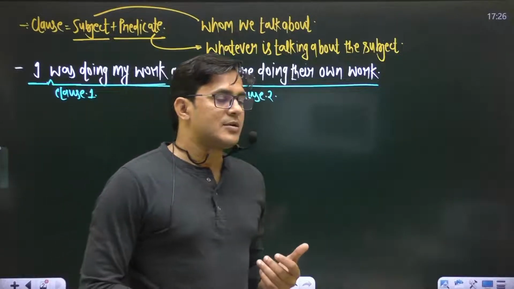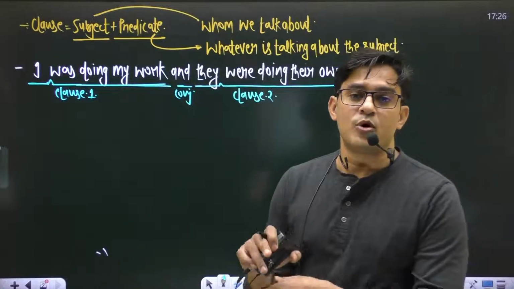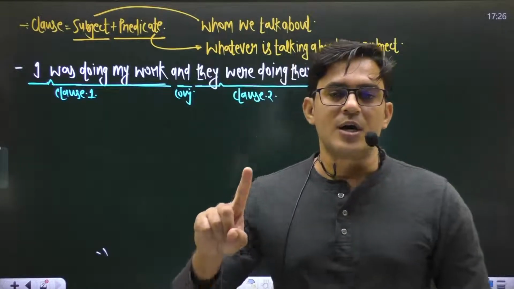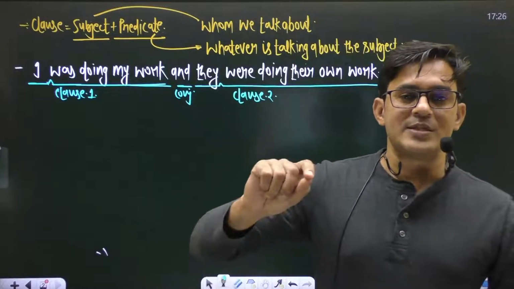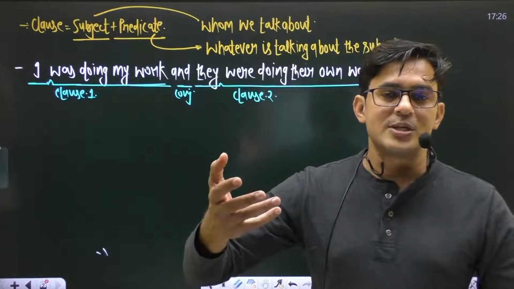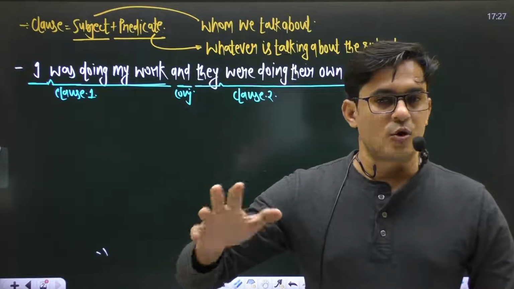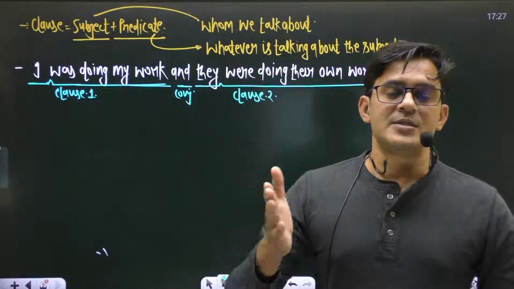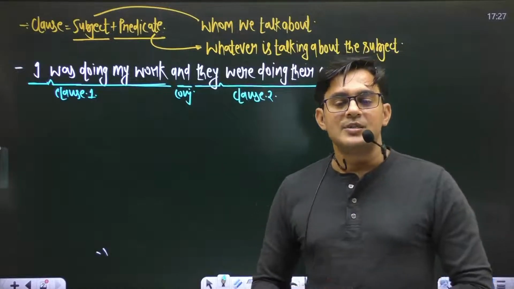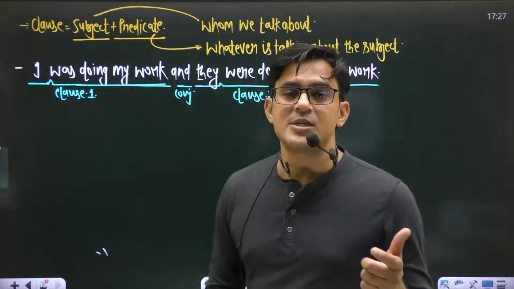So let's discuss now how conjunction connects more than one clause, more than one sentence. Make sure the definitions of clause and sentence are similar. A clause is a group of words with some meaning, and a sentence is also a connection of words with some meaning.